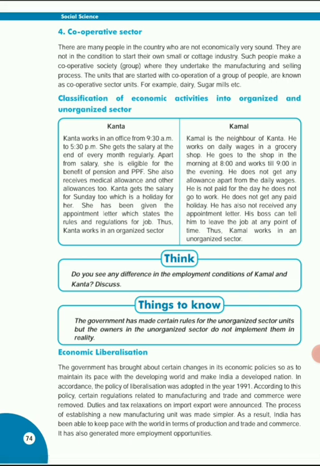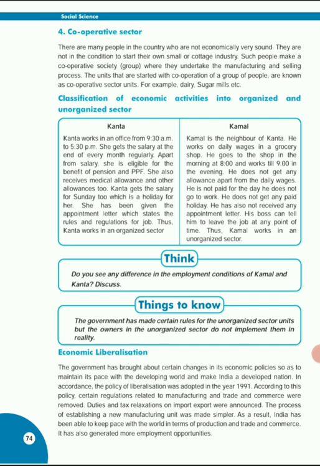These are the examples. Now here are given two examples of persons about economic activity, one who is working in the organized sector and one working in the unorganized sector. Let's see the example of Kanta and Kamal. Kanta works in an office from 9:30 to 5:30. She gets a salary at the end of every month regularly.